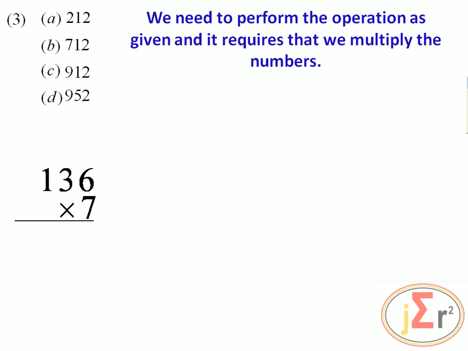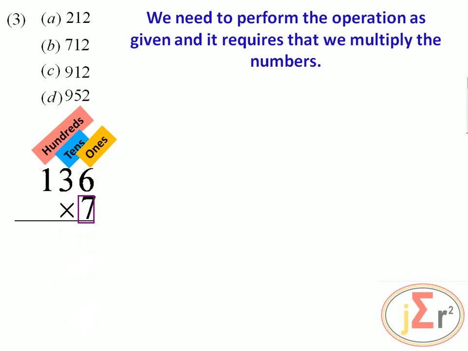Right. And what is the place value of the 6? 1. Right. So if we are required to multiply, we will begin with the digit of least significance, the one with the smallest place value. And right there is where we begin our multiplication. So we have our place values in place right there.